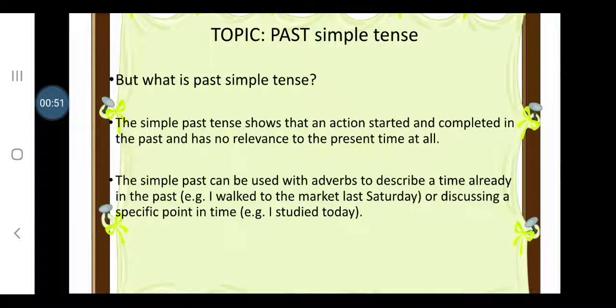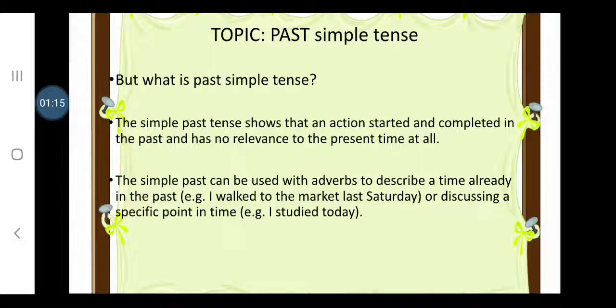Right. So the topic for today is about simple past tense. But what is simple past tense? The simple past tense shows that an action started and completed in the past and has no relevance to the present time at all.